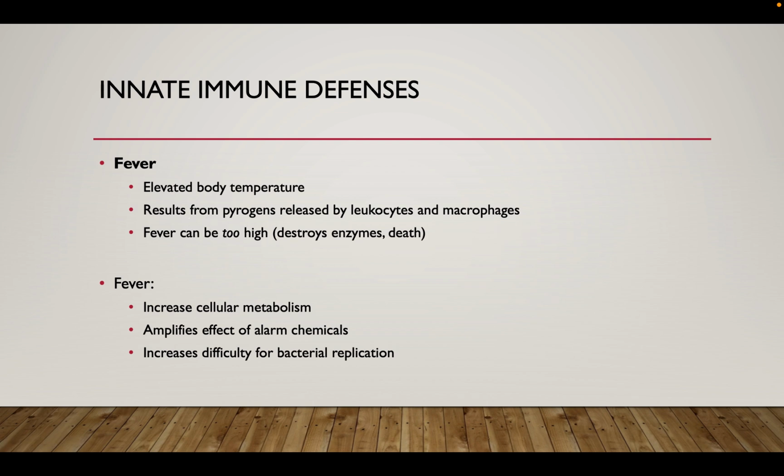And what this higher body temperature does is it inhibits viral and bacterial replication in our cells. So if we increase the temperature and prevent viruses and bacteria from replicating, we're going to prevent them from hopefully becoming a very serious infection and spreading even further.